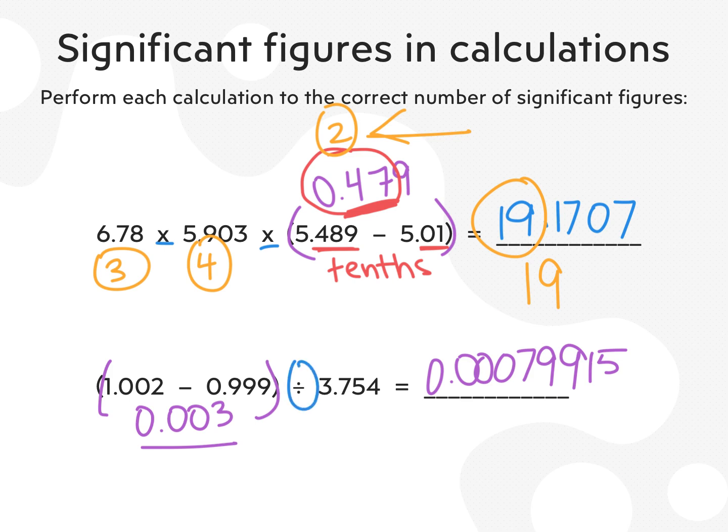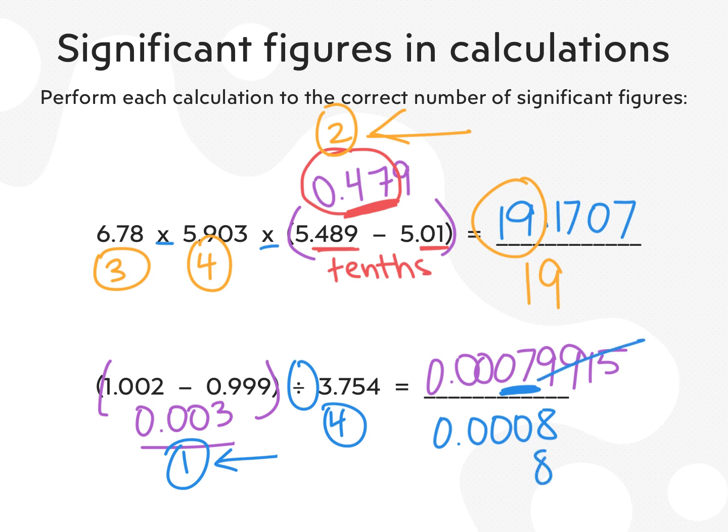Now I'm looking at total significant figures, not places past the decimal. 0.003 has 1 significant figure. 3.754 has 4 significant figures. The least of these is 1. So I'm going to round my answer to 1 significant figure. That is the first digit that's not a 0. So then this becomes 0.0008 because the 9915 rounds up.